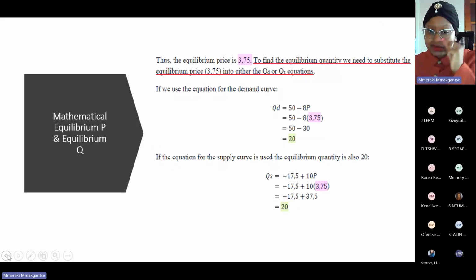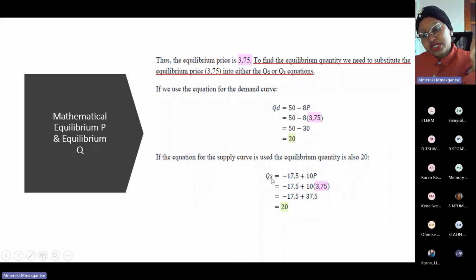Once you have calculated your P, you just load it into the equations. If your QD and QS after getting your P are not the same, then there's something you did wrong. So here, we substituted our 3.75 into the demand equation: 50 minus 8 times 3.75. 8 times 3.75 is 30, so 50 minus 30 is 20.